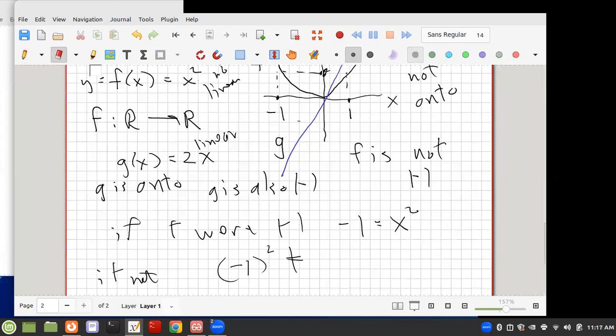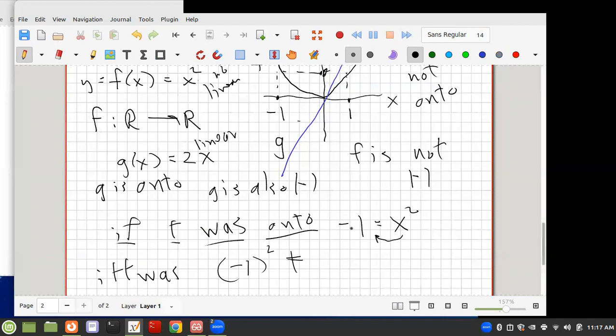Sorry, it's the other way around. If F were onto, then there would have to be an x that produced -1. If F was onto, then there would be an x that maps to -1.